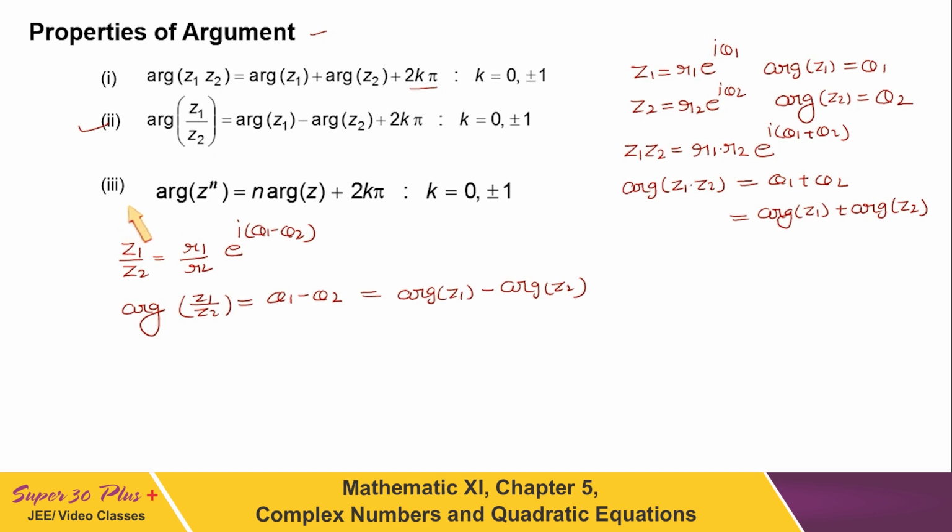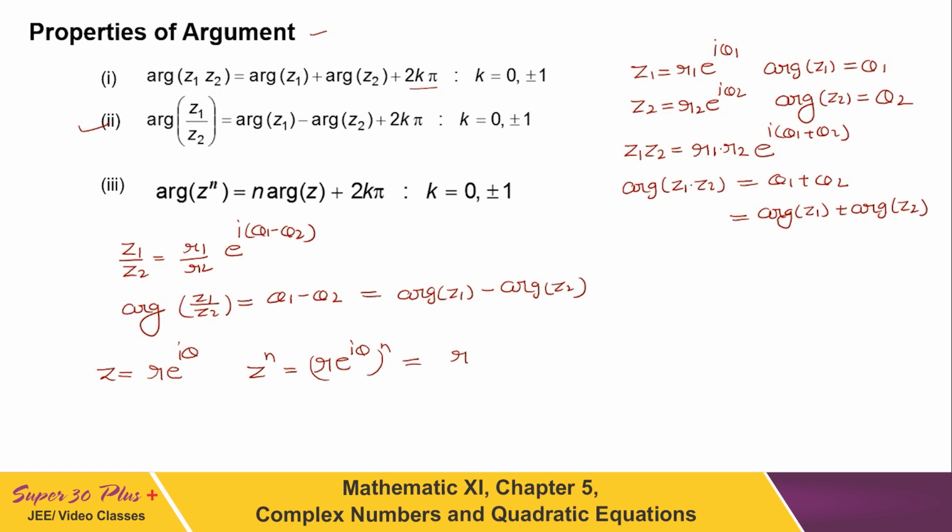Property number 3 is here, argument of z to power n, and it is equal to n argument z. For the property 3rd, let z is equal to r e to power iota theta. Then what is the value of z to power n? It is (r e to power iota theta) whole power n. Now simplify it.